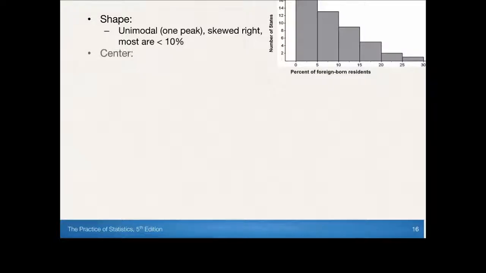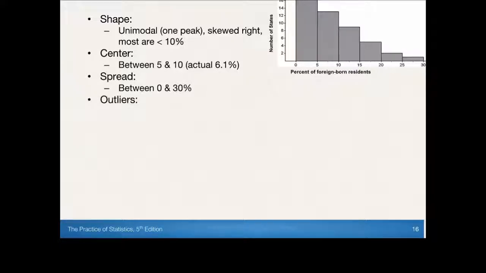The center appears to be between 5 and 10. The actual, if you calculate it, will be 6.1%. We'll do that in the next section. The spread is from 0 to 30%. And the outliers, it doesn't appear to be any, because even though this one is small, it's somewhat close to the others.